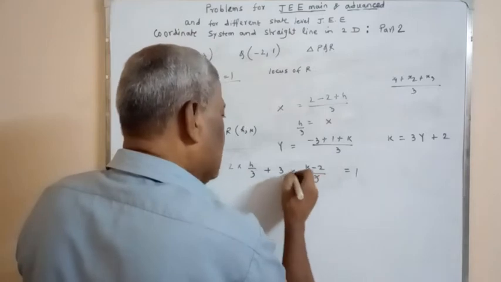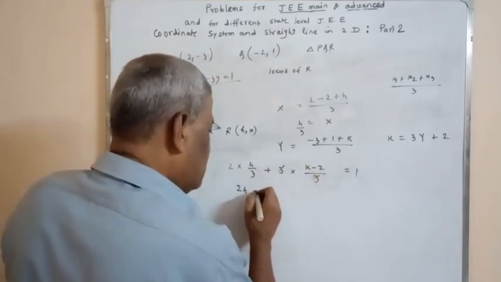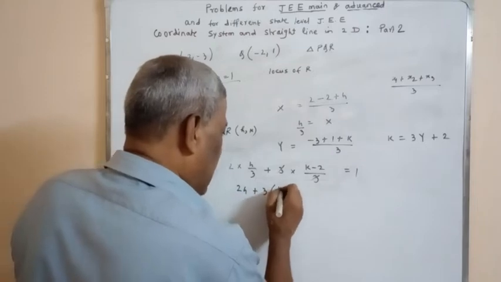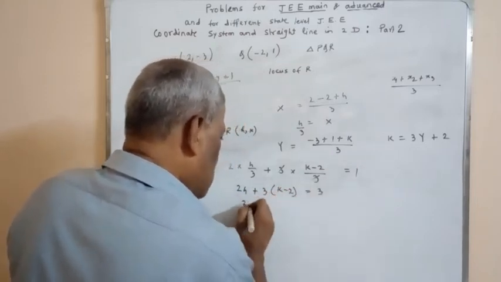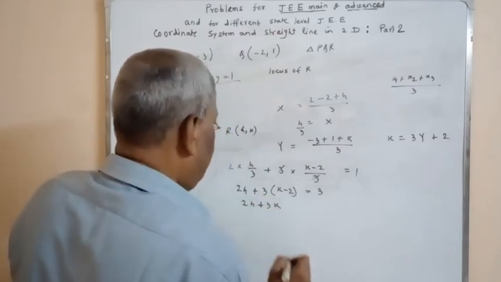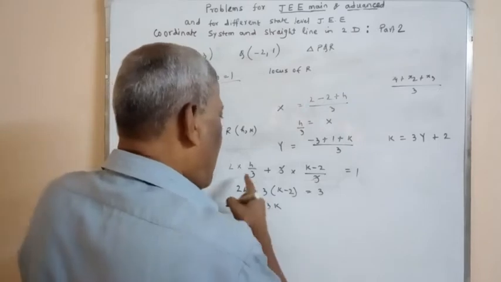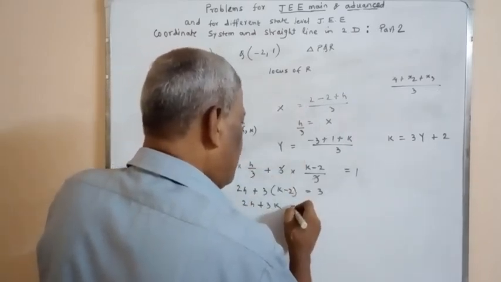So this 3 cancels. That is 2h plus 3(k minus 2) is equal to 3. That is 2h plus 3k is equal to 3.